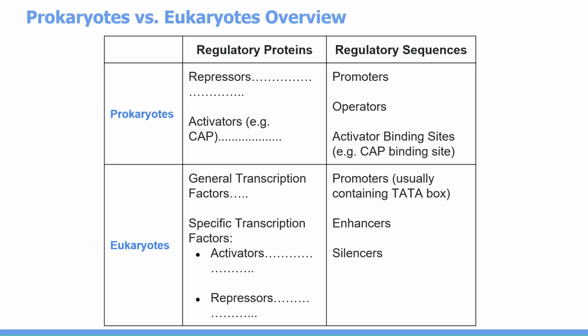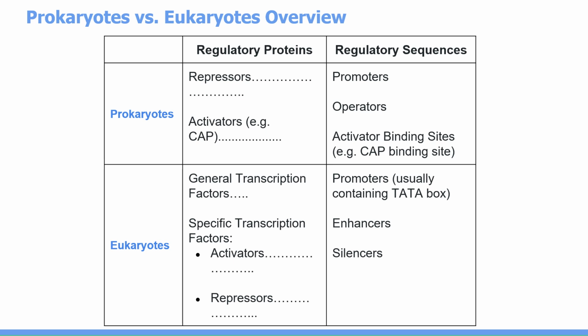So this is a quick summary of the differences between regulation in prokaryotes versus regulation in eukaryotes. For prokaryotes, the regulatory proteins would be the repressors and the activators, then the regulatory sequences: promoters, operators, and then the activator binding sites.